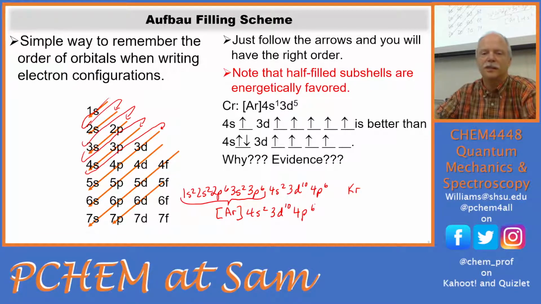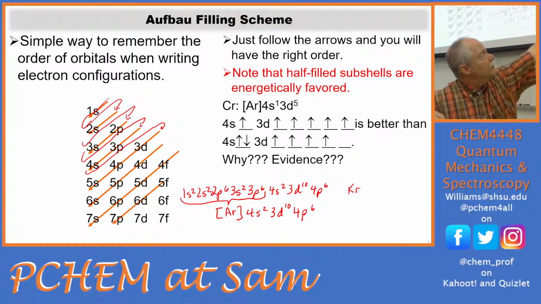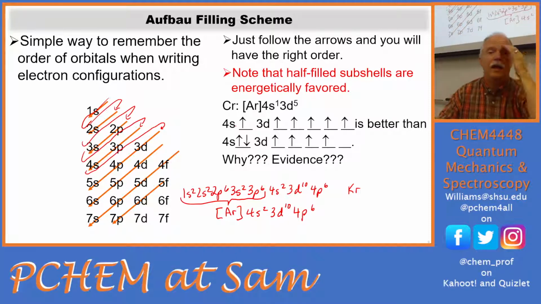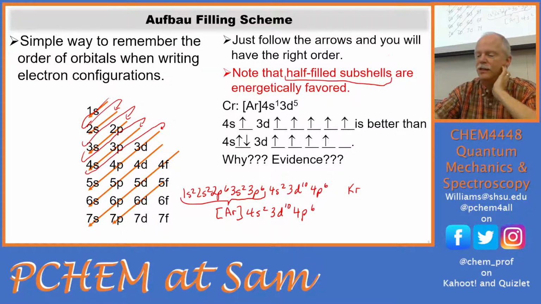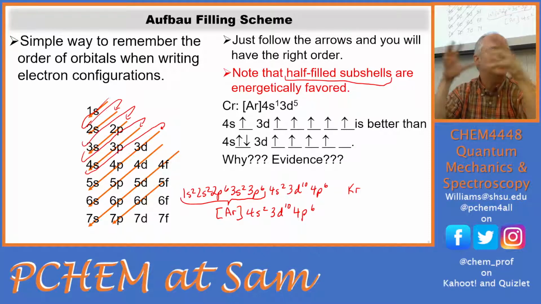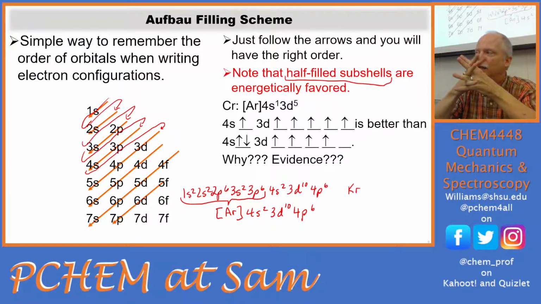Now, we do have some exceptions. So here's chromium. If we look at chromium, it's the fourth element in the d block. And half-filled subshells are stable. If you think about half-filled subshells, what makes them stable is that every electron has an independent orbital and can see the nucleus. And if you look at this in chromium, we have a 4s2.